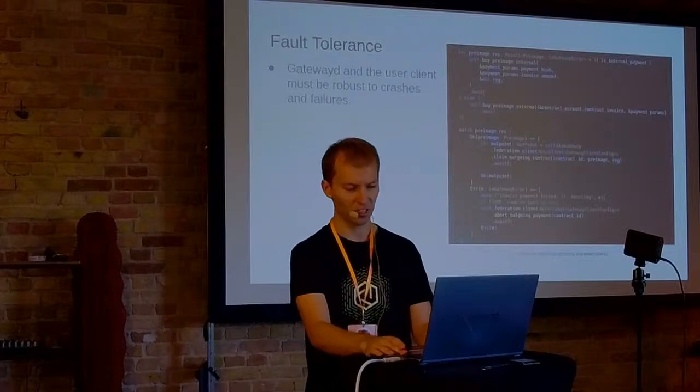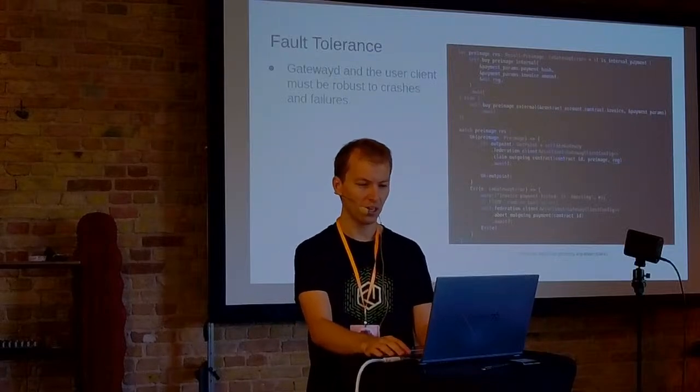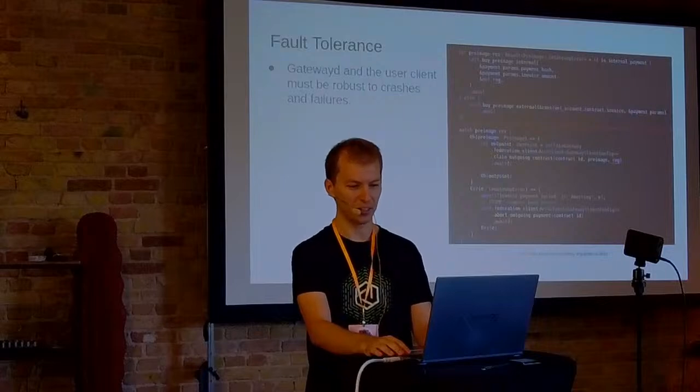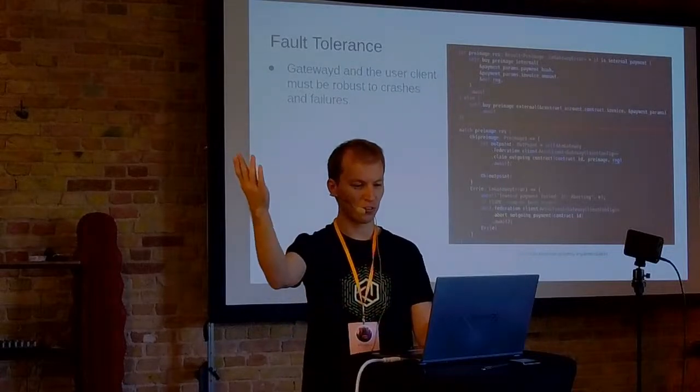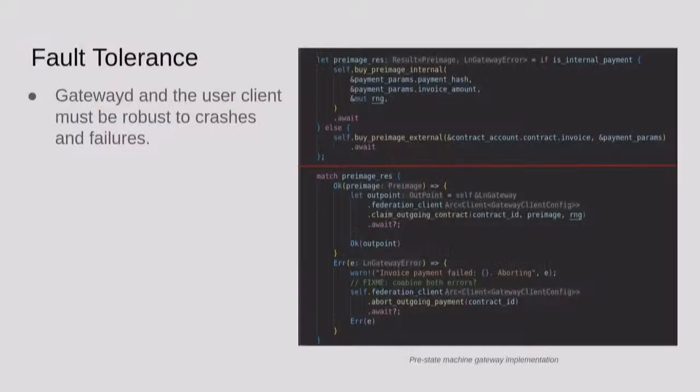And if you look closely at this, you can see if the gateway crashes right here, so it buys the pre-image from the federation, but it crashes before it actually claims the contract, then it's never going to get its money back. It funded a contract, but it's sort of footing the bill.